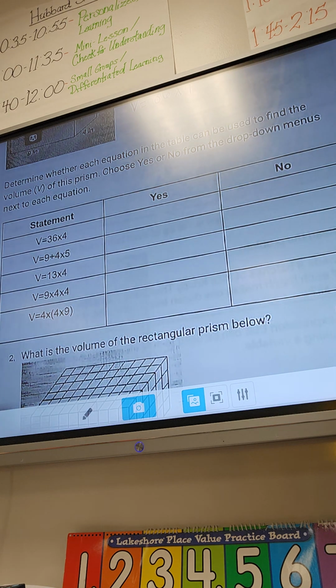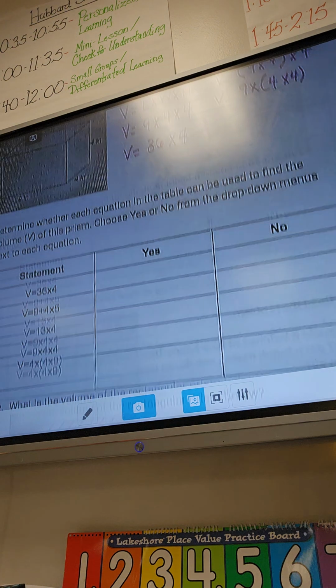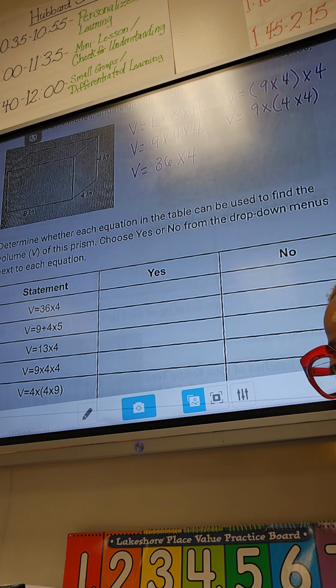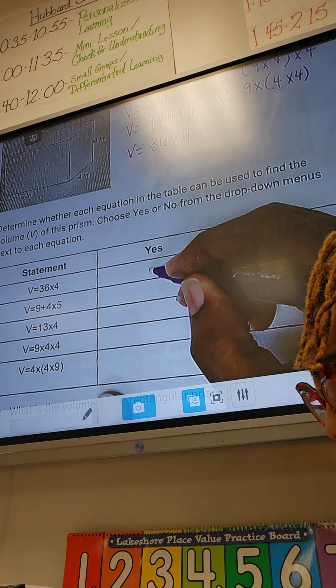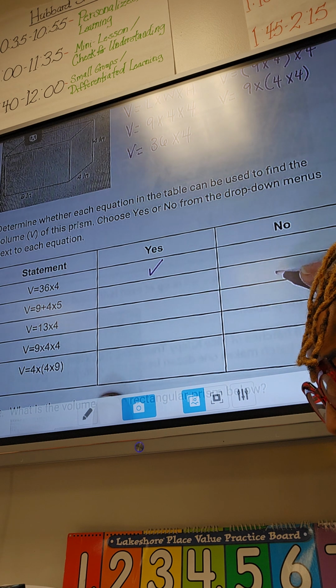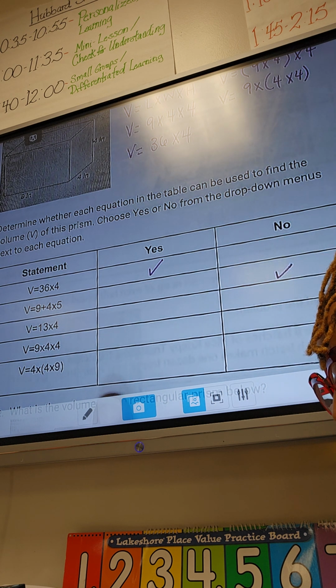Okay, remember, the first two numbers, length times width, is your area, which equals your base. So volume equals 36 times 4. Yes. Volume equals 9 plus 4 times 5? No, very good, because it's not addition here.